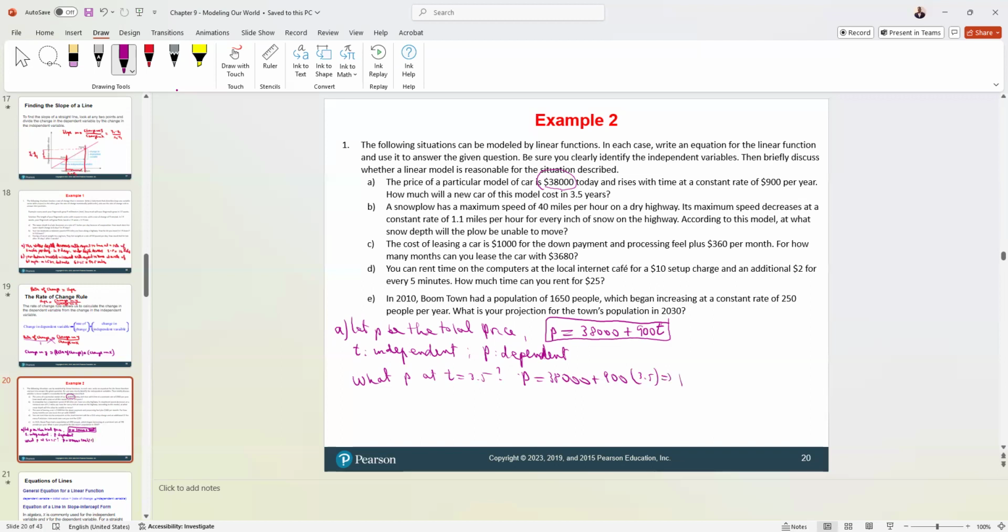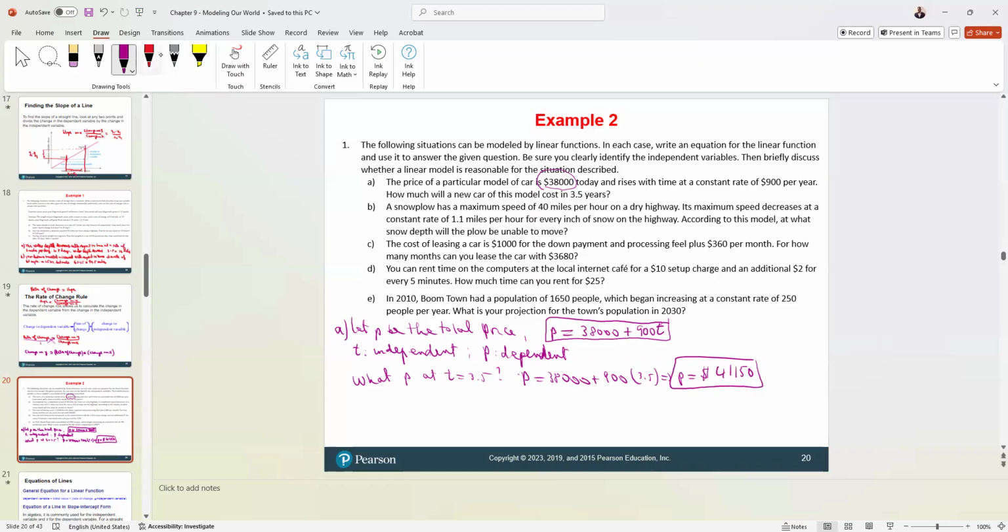Using a calculator, after 3.5 years, this vehicle would cost $41,150. So that's how you can model something and do it at any time.